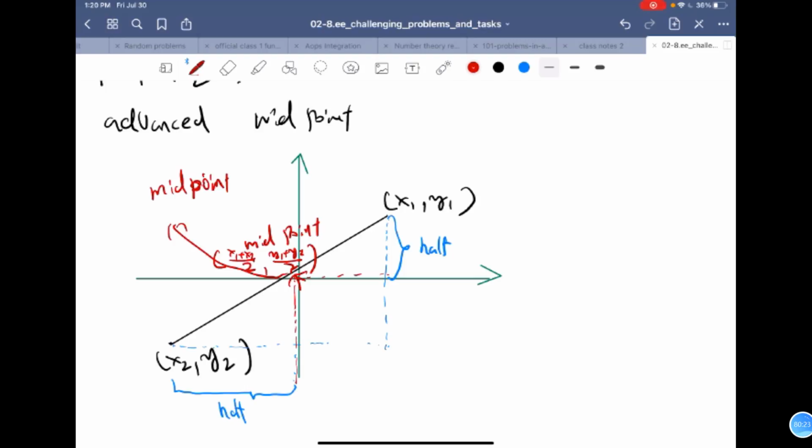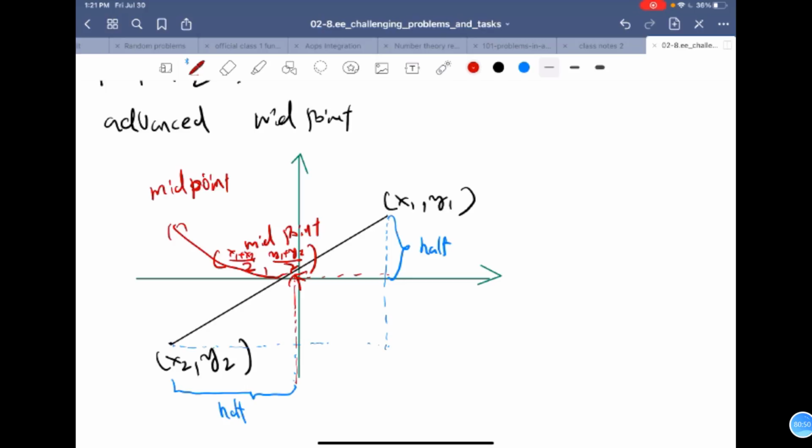Wait, so it's basically the two endpoints of the line segment. You extend them until they meet at a point, and then it creates a right triangle. And then divide both sides by 2, and then extend that. And the point where they meet is the middle of the line segment.